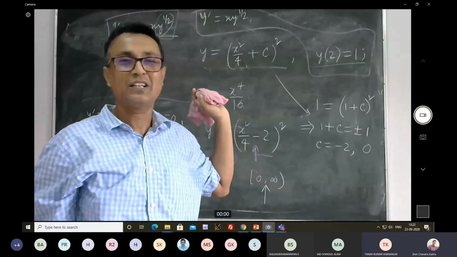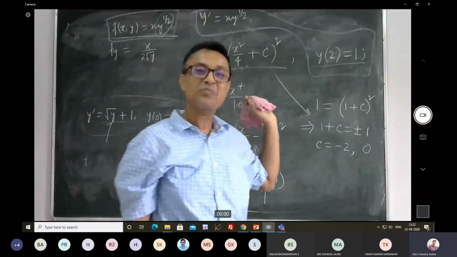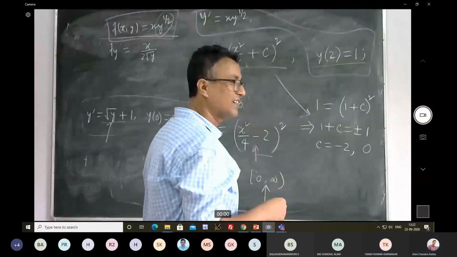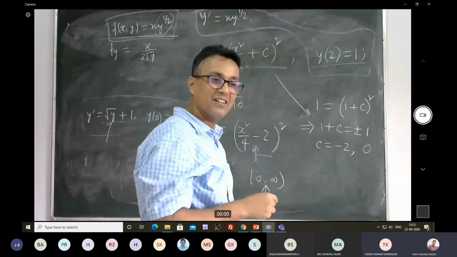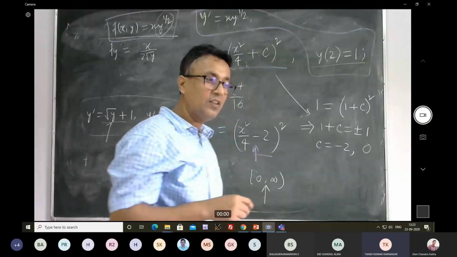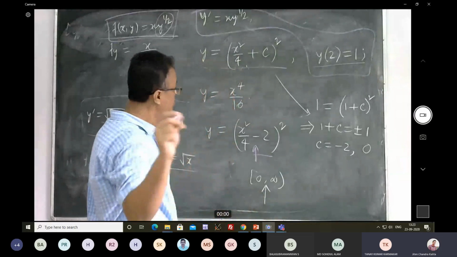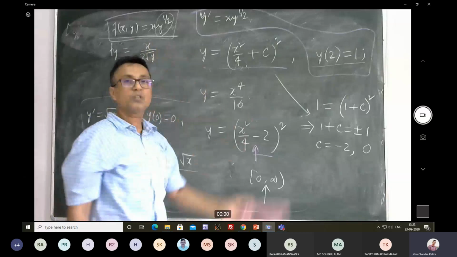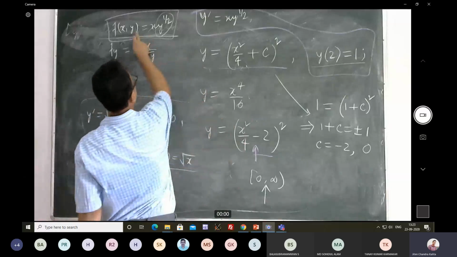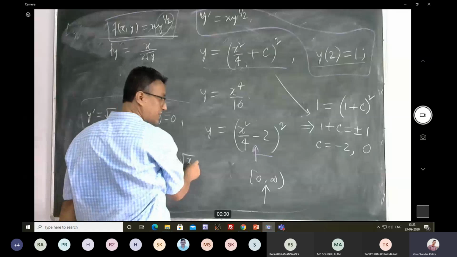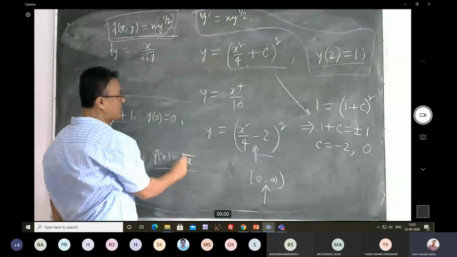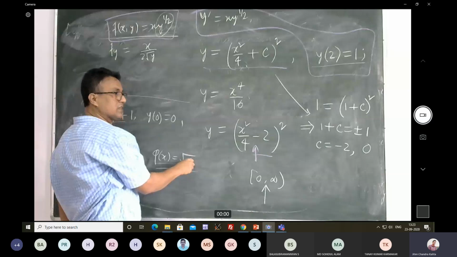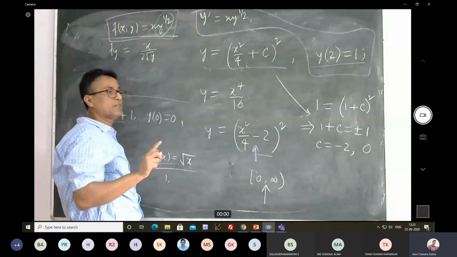Please repeat the last part, the last few lines. Okay. I have already told you the convention that whenever I write a function like this, I am assuming that I am taking only the positive square root of x. Only then does it define a function.